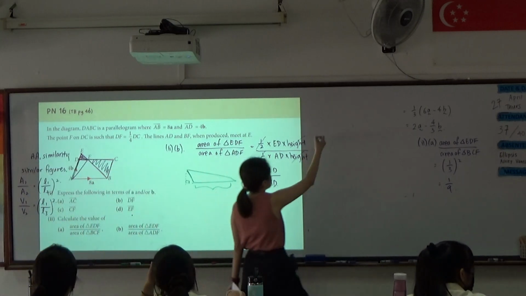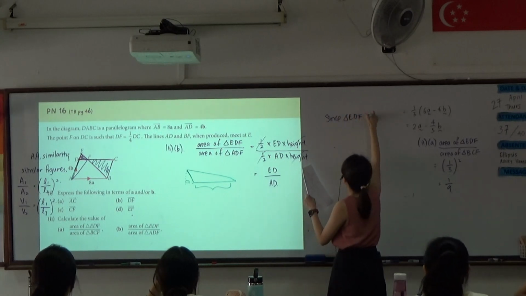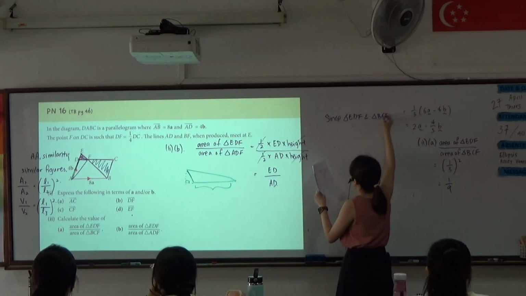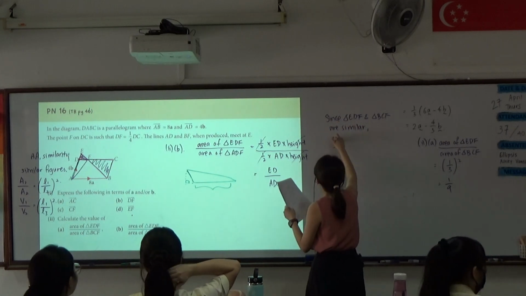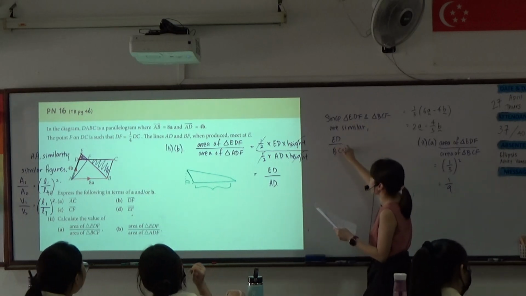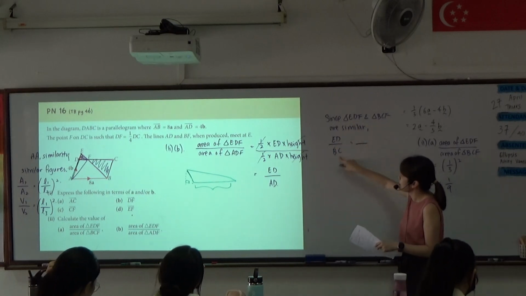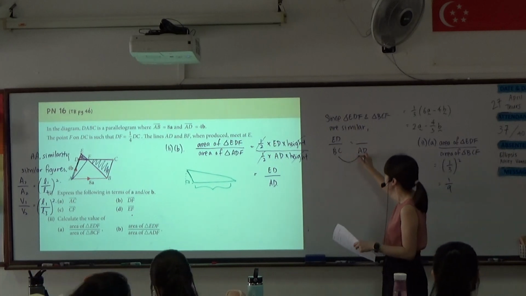Because earlier on we said that triangles EDF and BCF are similar, we know that ED corresponds to BC, and BC is equal to AD because of the parallelogram property.